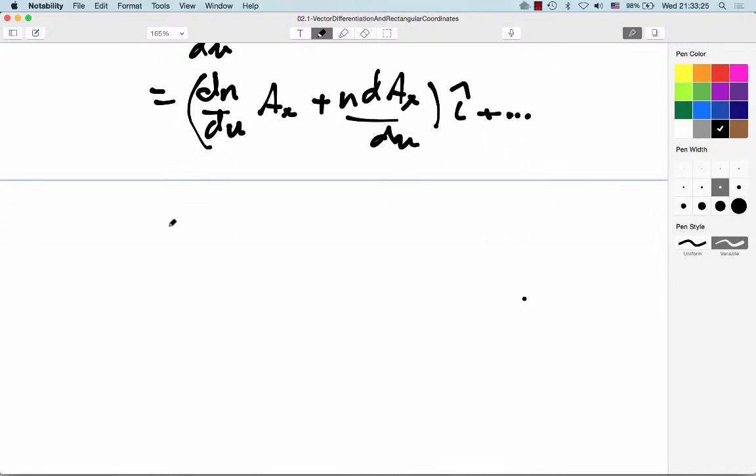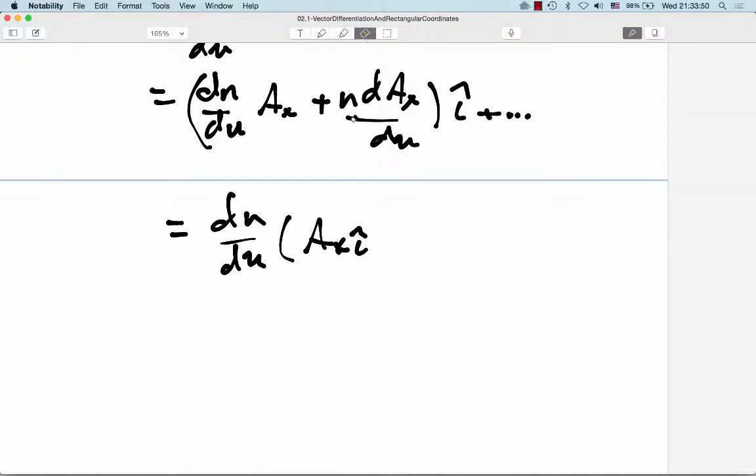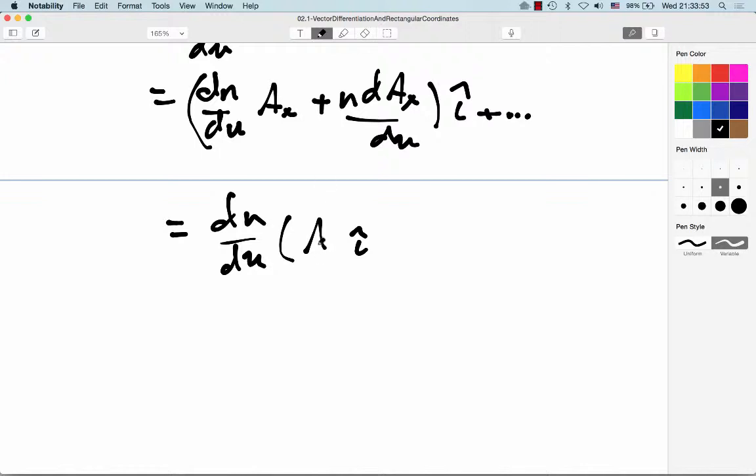All right, but if we follow that through, we can be a little more clever about how we group it. We can group all the dn dus by themselves, and then all the n dA x dus by themselves. So I'll have dn du times A x i hat plus A y j hat plus A z k hat.